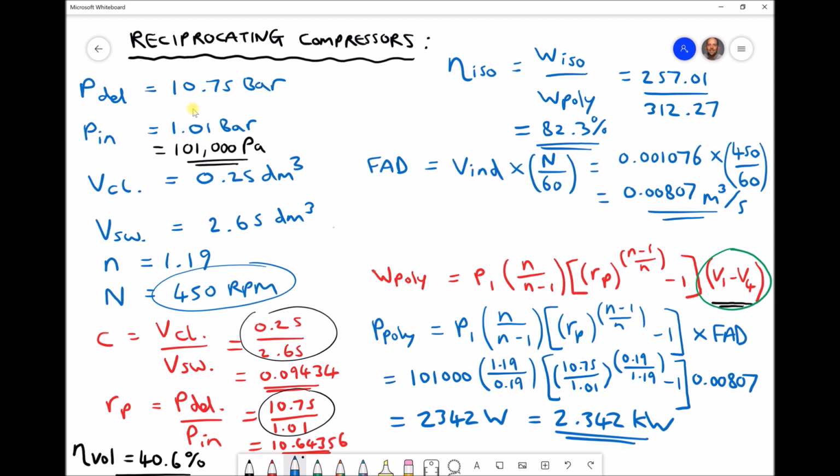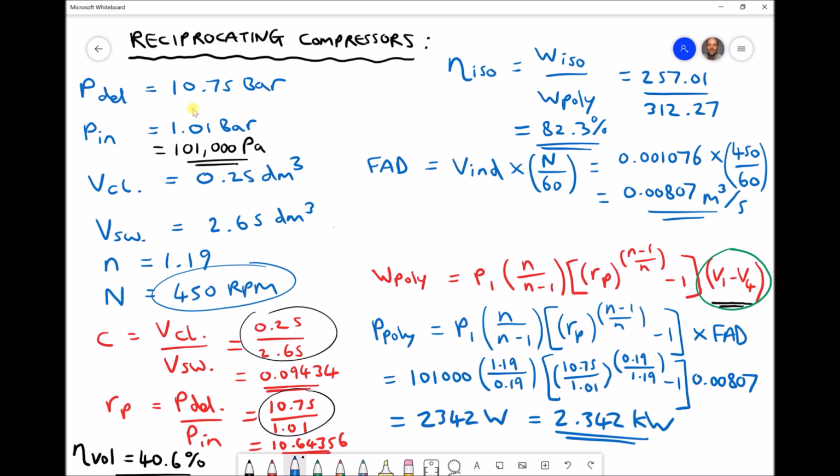So just to summarise then, in this video we've calculated the volumetric efficiency, which tells us how much air passes through our cylinder when compared to the swept volume of the cylinder. We've calculated our polytropic work and our isothermal work. Polytropic work assumes that we have polytropic compression processes, whereas isothermal assumes that we have isothermal or constant temperature processes.